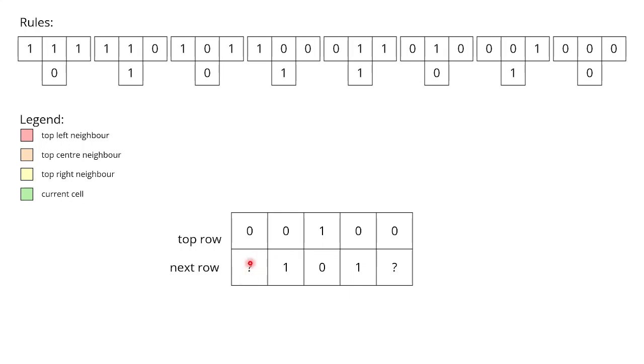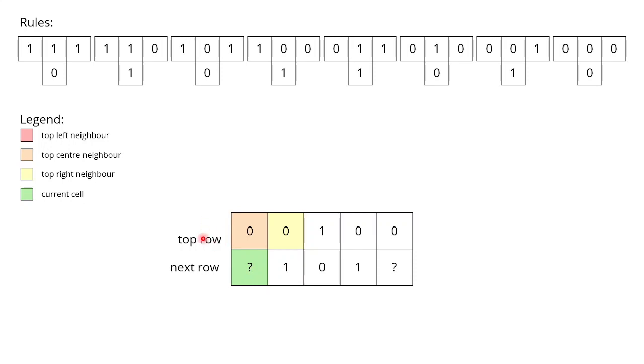Now, let's go back to the leftmost one. Let's go back here. So, we know that the top center, or the orange, is this. Right? And then, the top right neighbor is this. Correct? So, the top center neighbor of the green is this. The top right neighbor is this. Okay, but this now begs the question, who is the top left neighbor of this green?